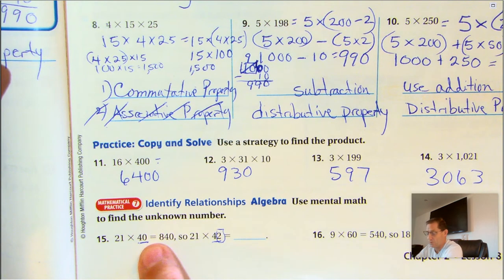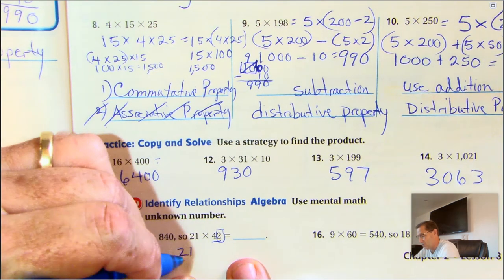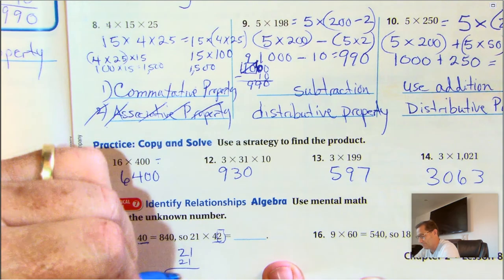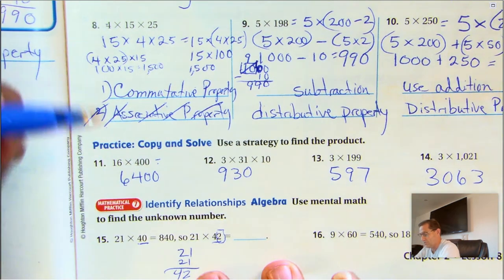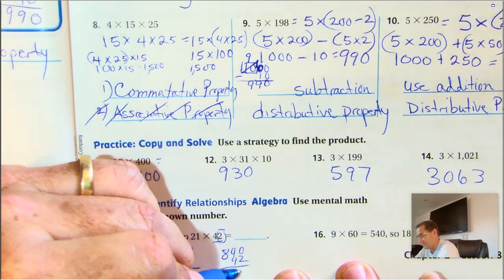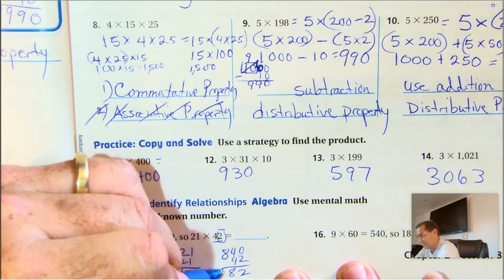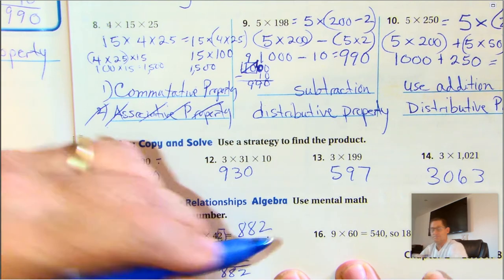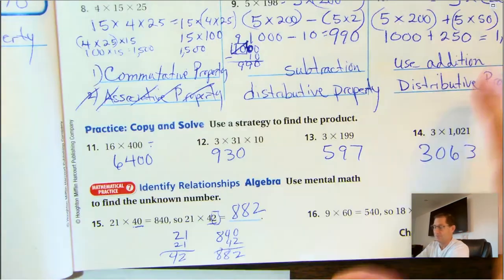Here we had 40 sets of 21, and now we have 42 sets of 21. So all we have to do is add 21 2 more times. So 42 needs to get added to 840. So that number should be 882.